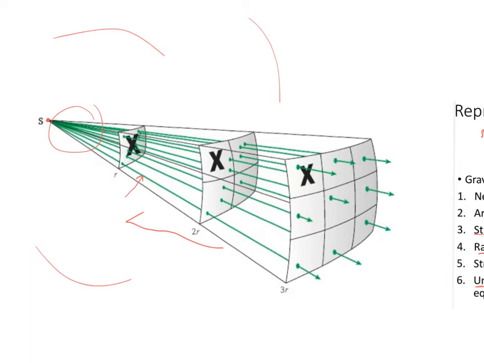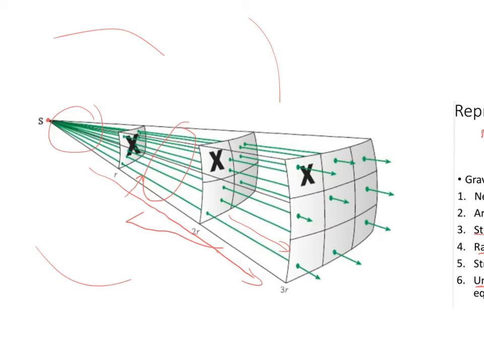And as you go further and further away from the point mass, these field lines are spreading further away from each other, which means that your field strength decreases, and they spread even further as you move away from it. So it is an infinite field, but its strength decreases by a lot each time.